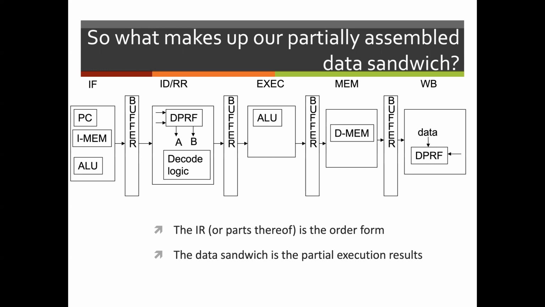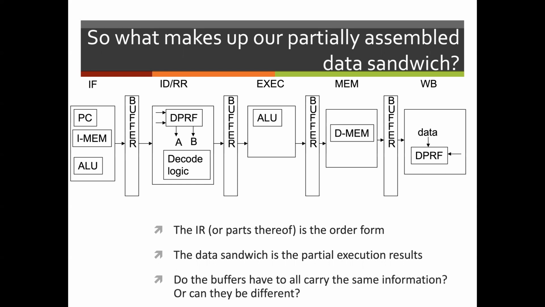And so this makes us wonder, do the buffers have to all carry the same information, or can each buffer be different and specific based off of the information that is needed? And so this will lead us into having specific buffers that are used throughout the stages. We'll have an F buff, a D buff, an E buff, and an M buff.